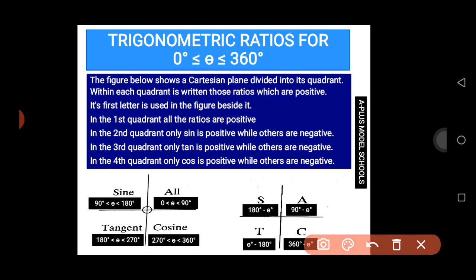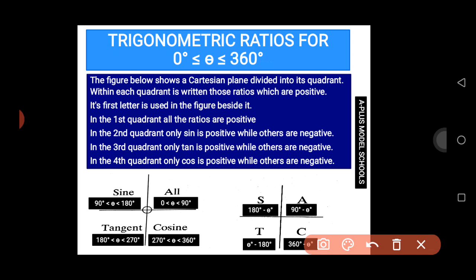Now, the figure below shows a Cartesian plane divided into four quadrants, which is what I've explained earlier. Within each quadrant is written those ratios which are positive. When you look at the beginning of this work, we say an angle in a clockwise direction is negative, and in an anti-clockwise direction is positive.